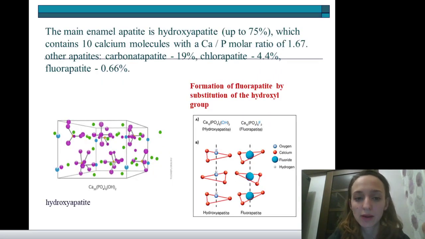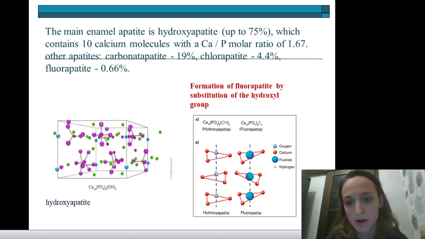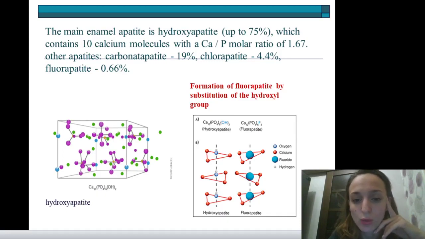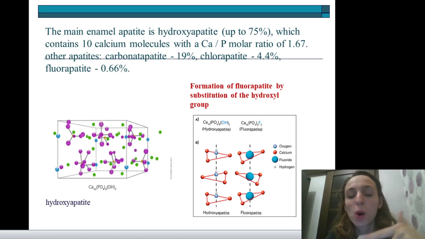The main enamel mineral is hydroxyapatite, up to 75%, which contains 10 calcium atoms, with a calcium and phosphorus molar ratio of 1.67. Please remember this ratio because you will have some tests.